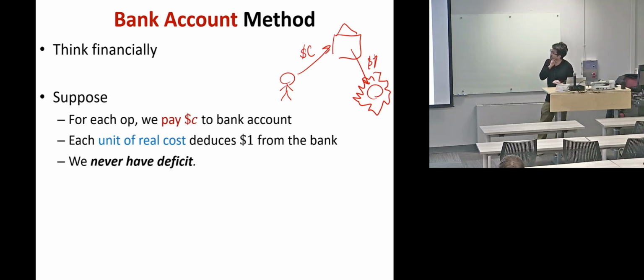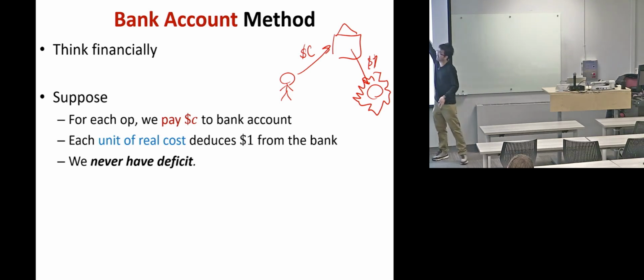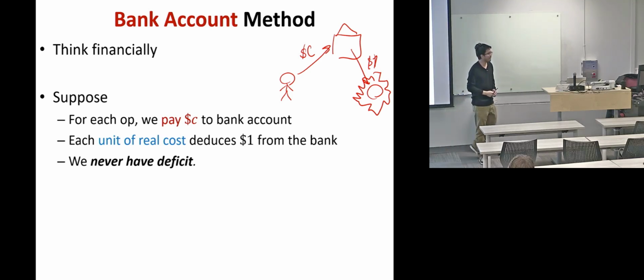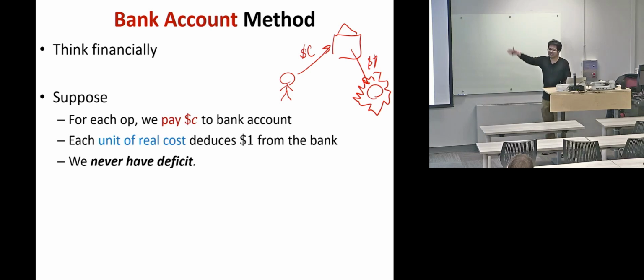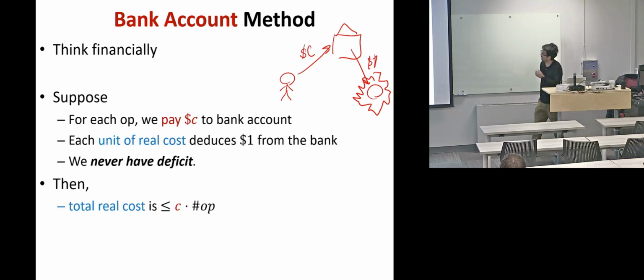And then suppose that you can guarantee that no matter what, you never have a deficit. The money is always positive in the bank account. Then you can see that the total cost is at most C times the number of operations. Do you see this?